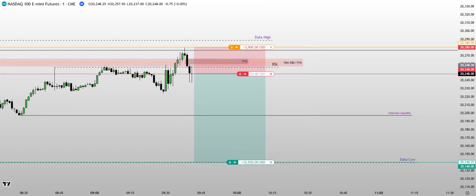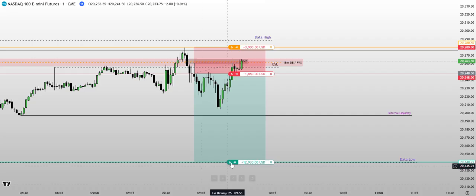Target that data low. We're going to take half out at that internal liquidity, see if we get it here. So we'll see now if we do come to that internal liquidity. Like I said, I think the objectives to the downside are attainable. So it's a risk I'm willing to take. That's all.